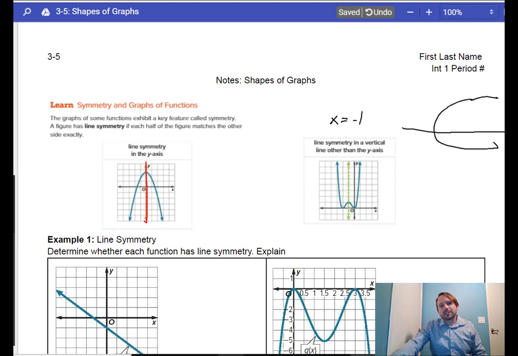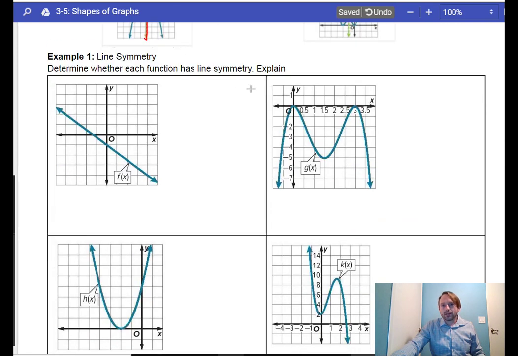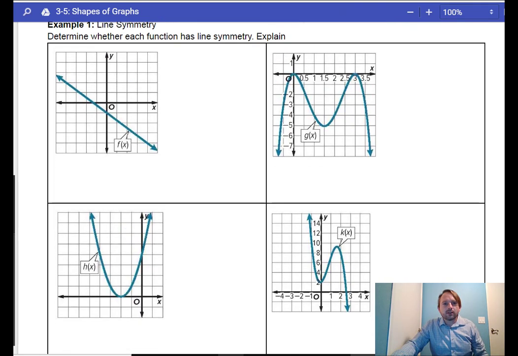So determine whether each function has line symmetry, and explain. Okay, so let's look at these right here. I'm going to type up some things.